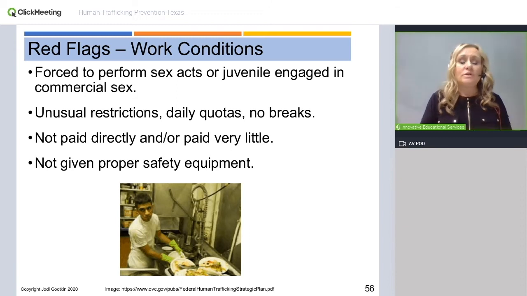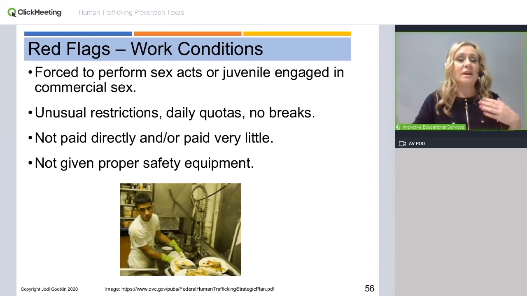They have quotas they need to reach. They're not given breaks. They're not given personal protective equipment. Seasonal work particularly heightens the vulnerability for individuals because they're moved around, so it may be more difficult to catch these inappropriate work conditions.